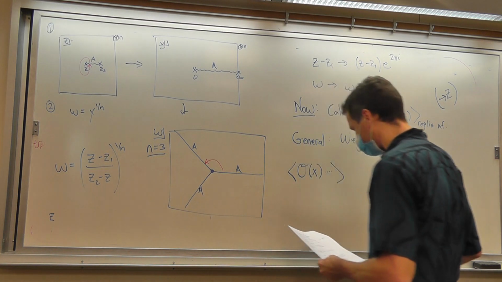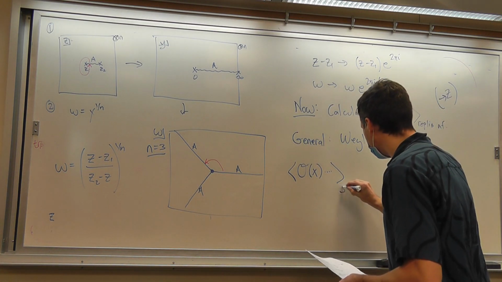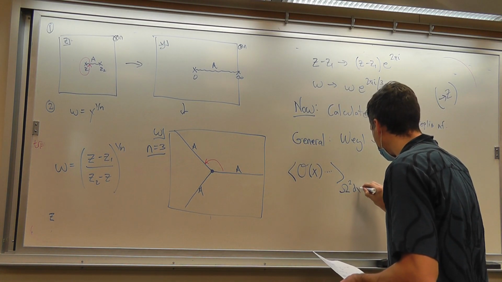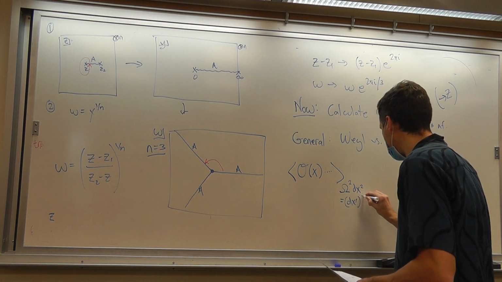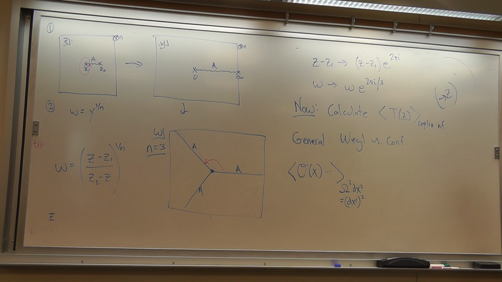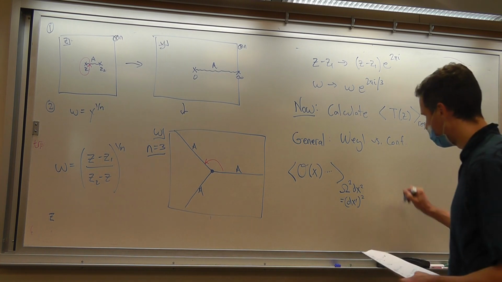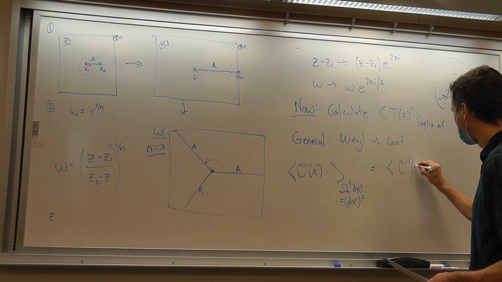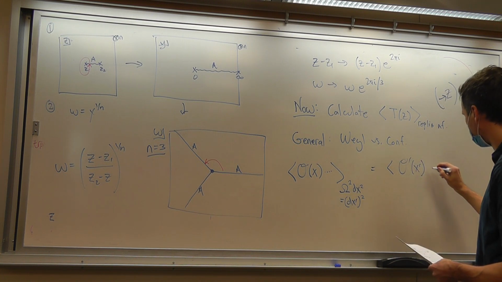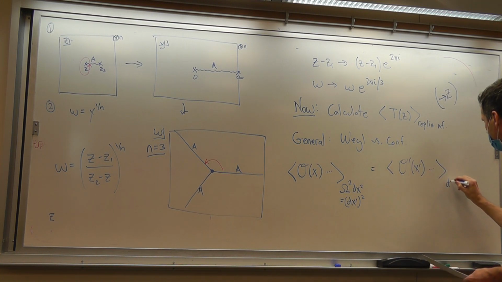O of x in the metric omega squared dx squared, which is the metric dx prime squared, is equal to O prime of x prime, dot dot dot, in the metric dx squared.